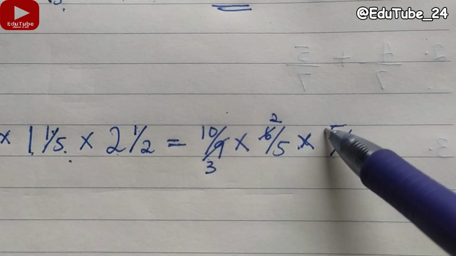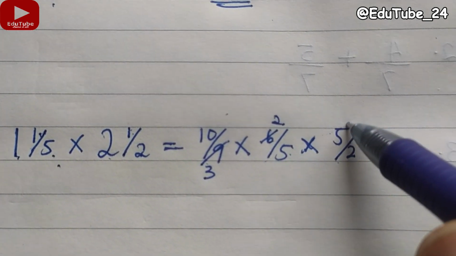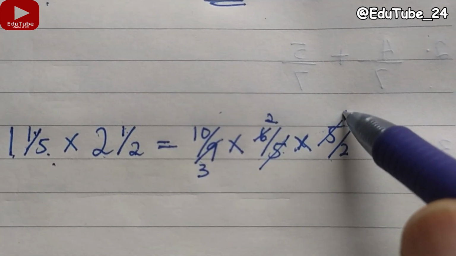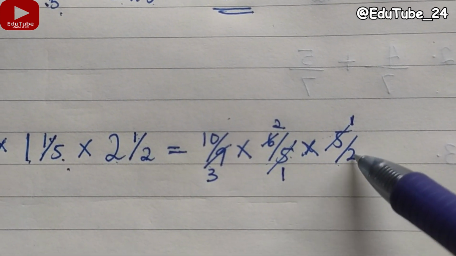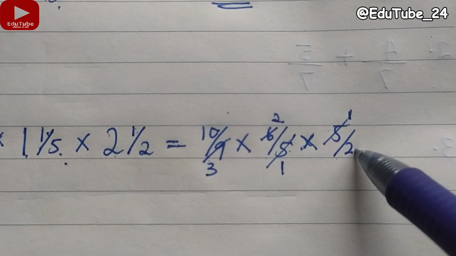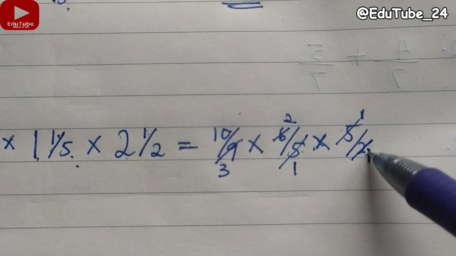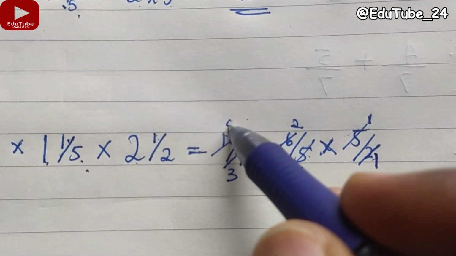If I look diagonally like this also, I will see that 5 and 5 are common factors of each other. So 5 here, 5 here, I will have 1 and 1. Then if I look diagonally also, 10 in the numerator here and 2 in the denominator here, 2, of course, is their common factor. So 2 in 2, I will have 1. And then 2 in 10, I will have 5.